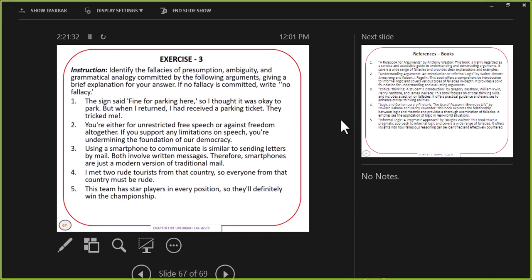Can you read the second example? You're either for unrestricted free speech or against freedom altogether. If you support any limitation on speech, you are undermining the foundation of our democracy.